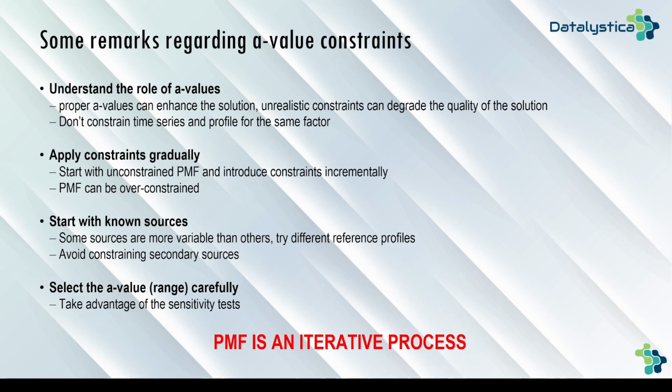And just as a reminder, PMF is an iterative process until a good, environmentally reasonable solution has been found. So don't be afraid to take a step back and go over your constraints and your reference profiles or time series again, as this part of the analysis can take some time, but it's also crucial for the final results to do it properly.